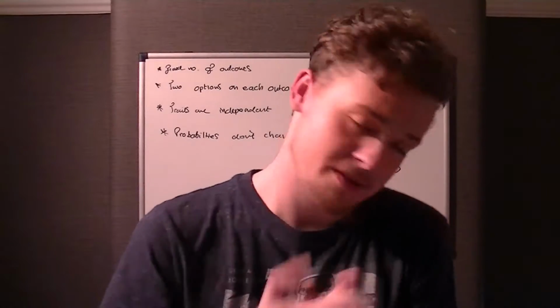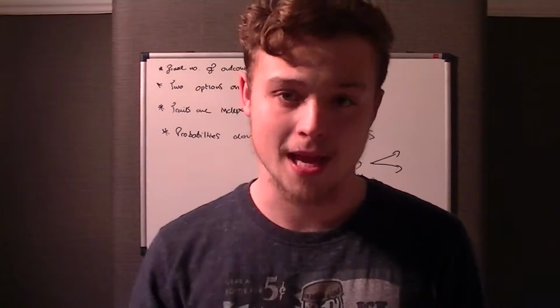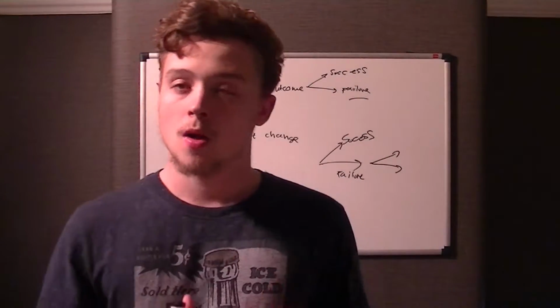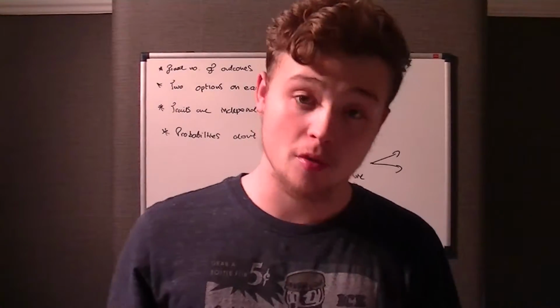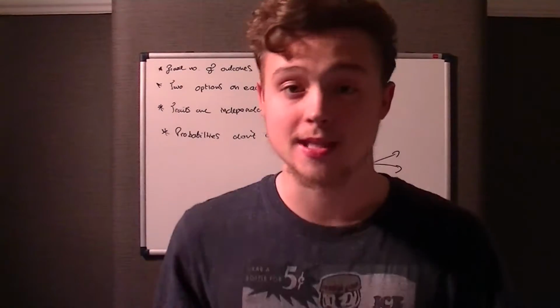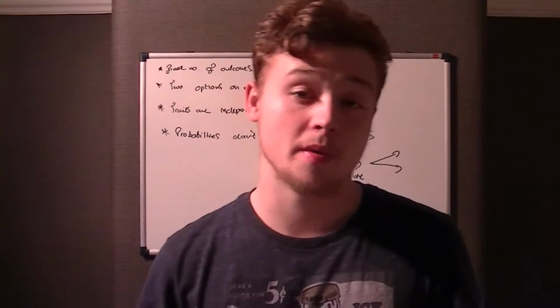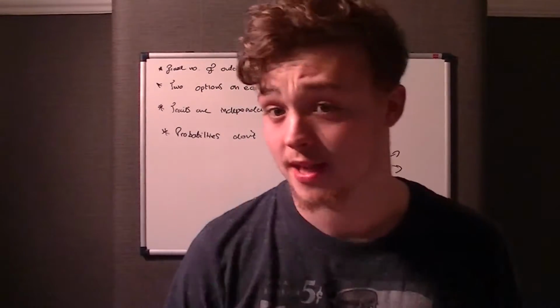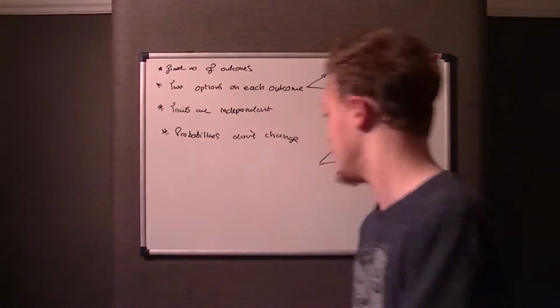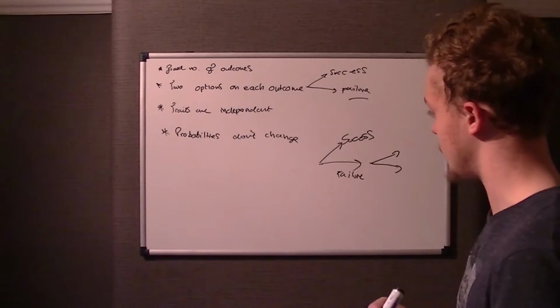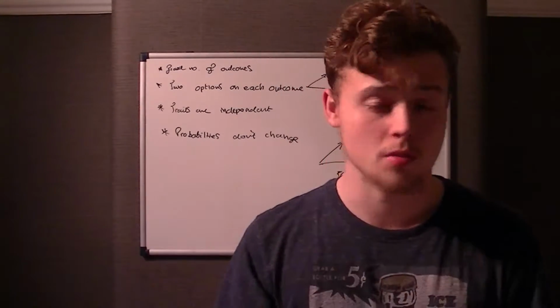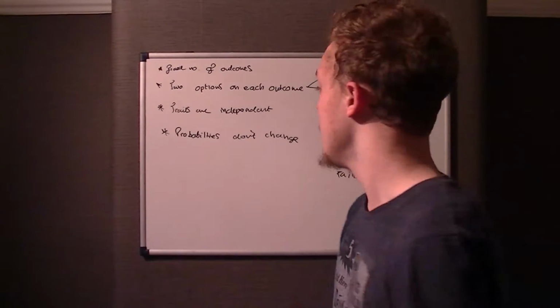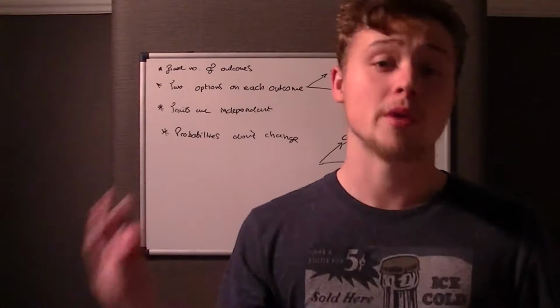It might be by chance that they are the same, but this point is saying the chance of failing on your first go is exactly the same as the probability that you will fail on your 1000th go or 700th go, however much of your life you decide to waste. It doesn't matter how many throws you do, the probability of failing will always be the same. The probability of success will always be the same.